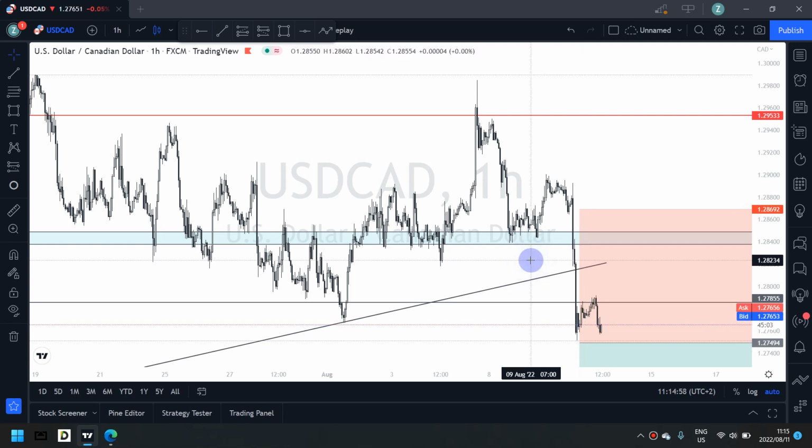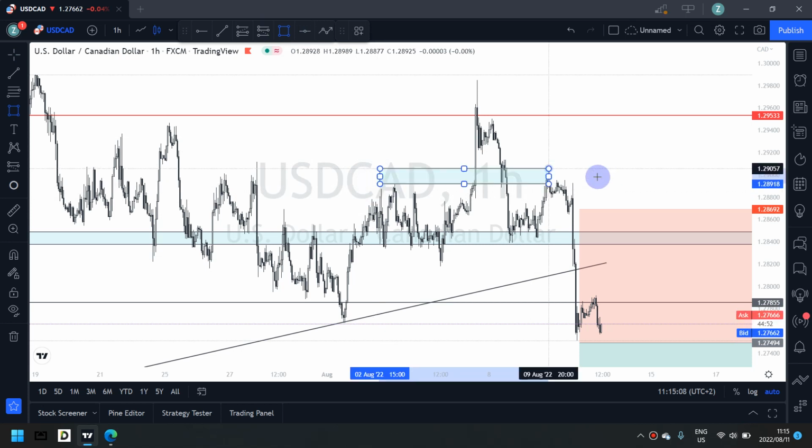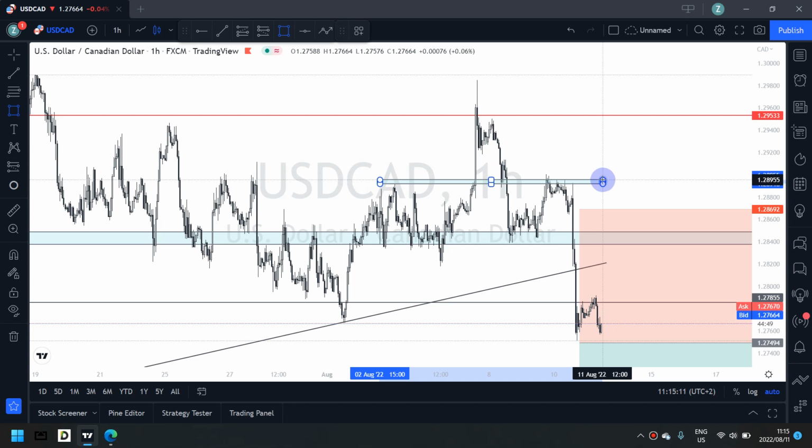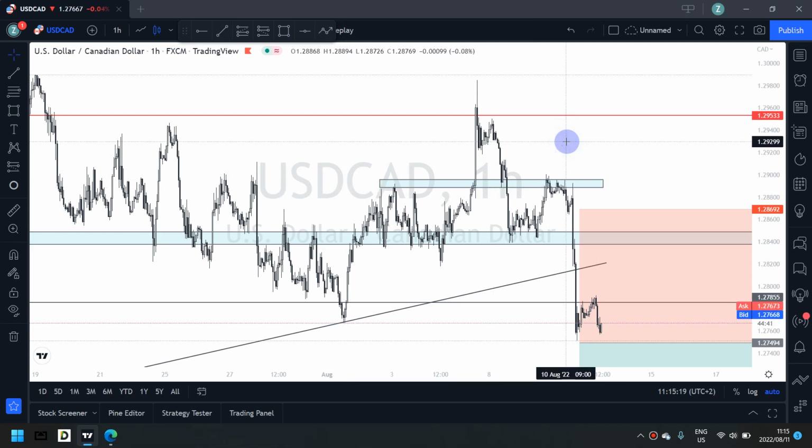And okay, what I want to show you is a chart pattern that I'm seeing, which is a head and shoulders.